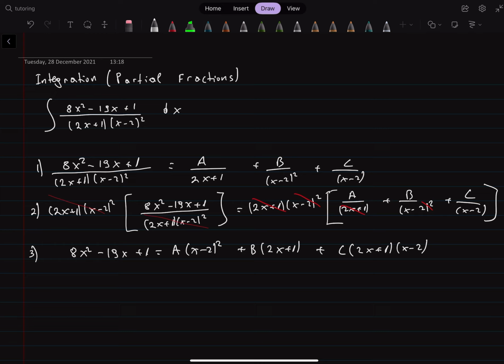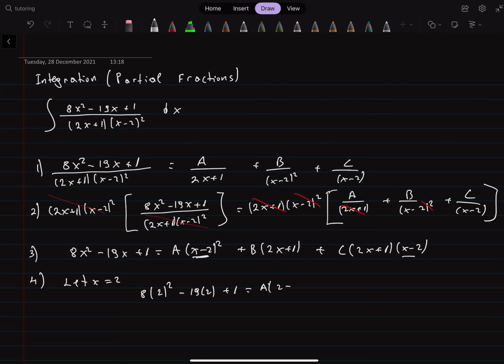Alright, so the fourth step is we need to set x equals 2. So let x equal 2, and then we substitute in both sides. We would have 8(2²) − 19(2) + 1 equals A. We can see that in this case A becomes 0, and also C will become 0, and then the only goal would be to find what B is.